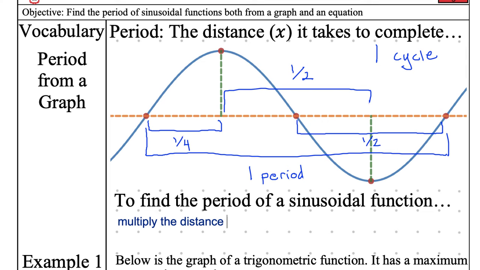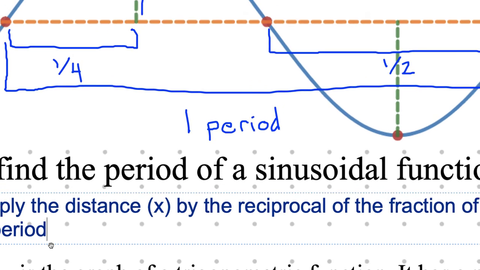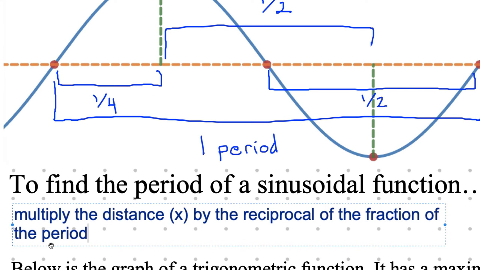You multiply the distance in terms of the x distance by the reciprocal of the fraction of the period. I'll zoom in so that people can see from the back. Again, you multiply the x distance by the reciprocal of the fraction of the period.